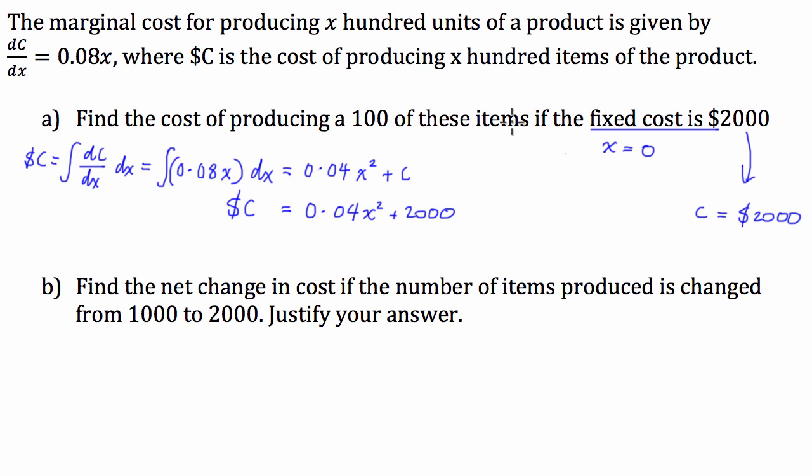To find the cost of producing 100 items, because we actually have our cost function now, we just evaluate this when x equals 100. So we substitute in 100 and we get 0.04 times 100 to the power of 2 plus $2,000. Now 100 squared is 10,000. 4% of 10,000 is $400.